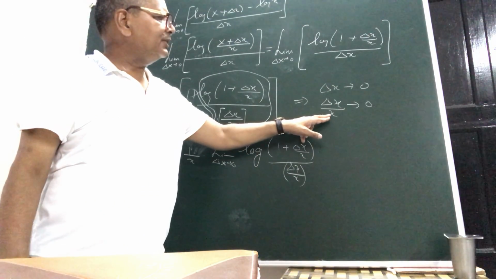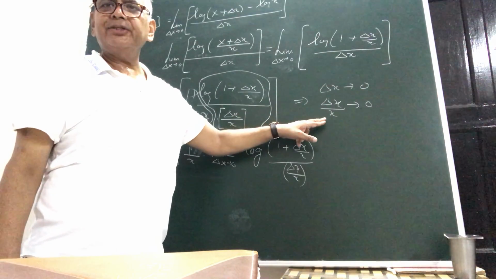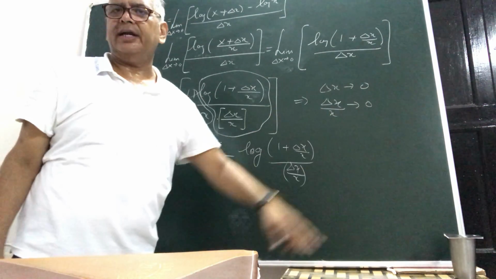So once you have defined this by delta x, you can make it as small as you please. So the point is that delta x upon x will also tend towards 0.